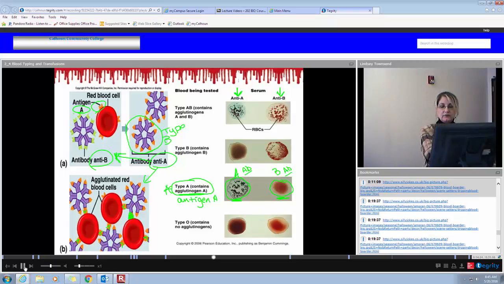If this serum had A antibodies, what type of blood did that serum come from? I know you said type B, right? So B blood has anti-A serum. So here's type B blood serum and type A blood serum.